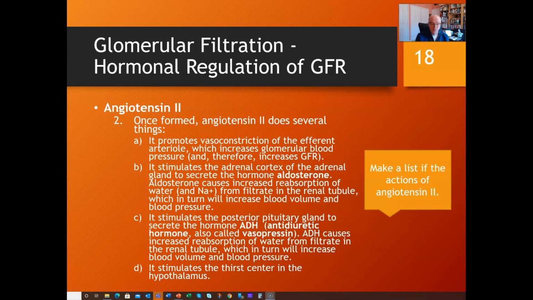Now, one of the things about blood pressure is the more blood you have, the higher your blood pressure. And you can change the volume of the blood by removing water from it. So if your blood pressure begins to fall, this mechanism here tries to reabsorb as much water as is possible from the filtrate that you're making, and also makes you thirsty. So you go and drink some more water. Okay? So let's have a look at the first one.